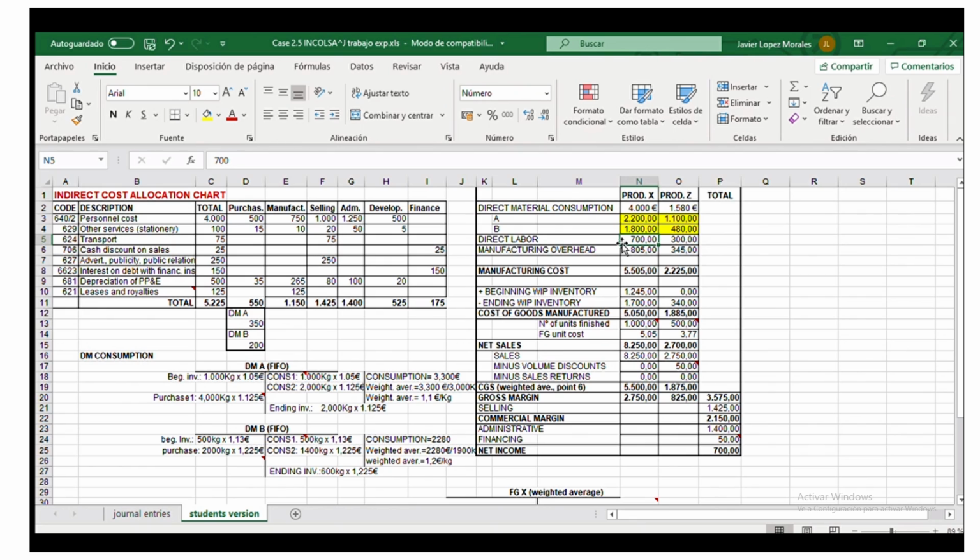In the case of direct labor, we obtain it from 0.9, which says direct labor is 1,000 euros, and at the end of the exercise we obtain that 70% of direct labor is for product X and the other 30% for zeta.